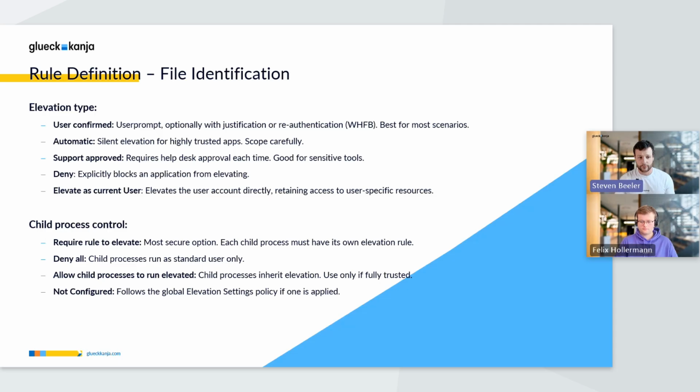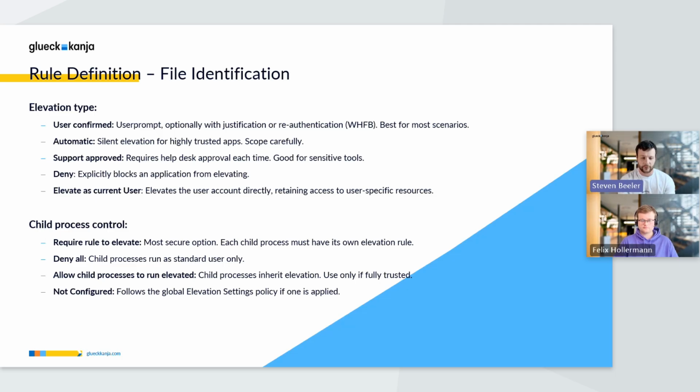The first one is user confirmed. How this works is the user clicks, hey, I want to run this with elevation. And then you, as an administrator, have two options. You can either require a business justification, or you can require re-authentication, or you can require both.